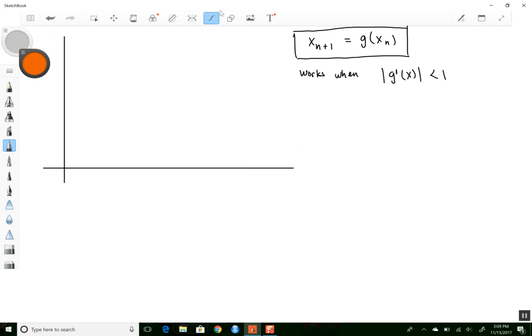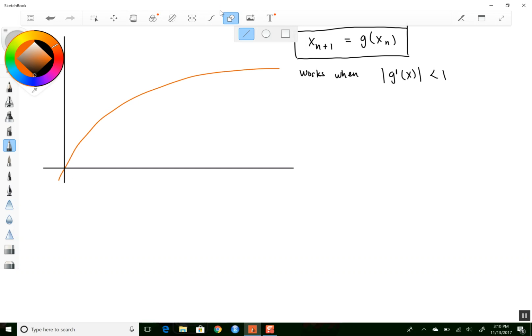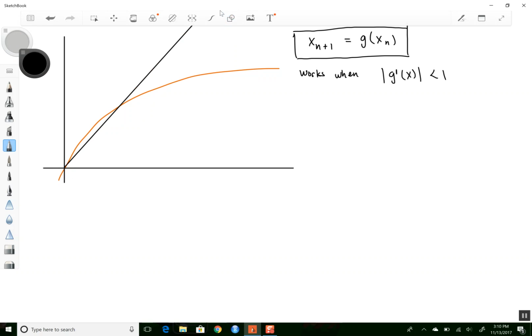All right, so let's say we've got some function like this, and I have, okay, this line represents y equal to x, all right?